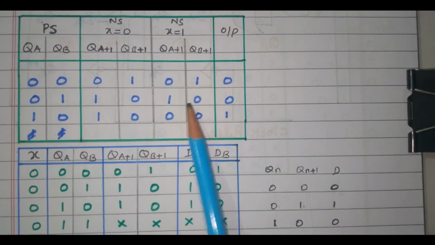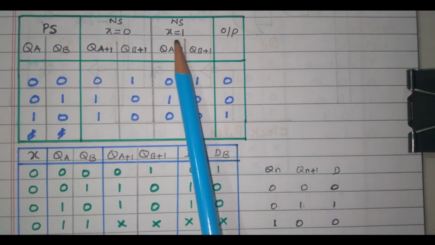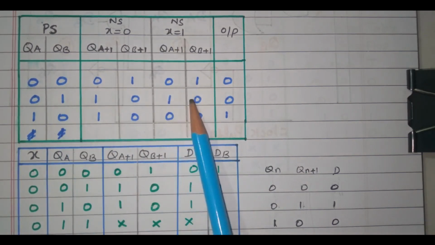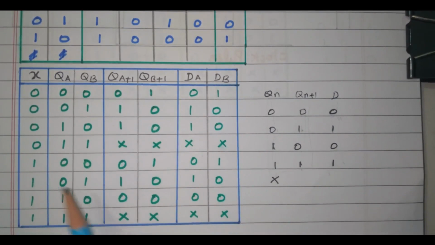Then similarly, for the next one, 0 0 goes to 0 1, the corresponding input is 1. 0 1 goes to 1 0, the corresponding input is 1. Similarly, 1 0 goes to 0 0, the corresponding input is 1. That is given in the remaining table.